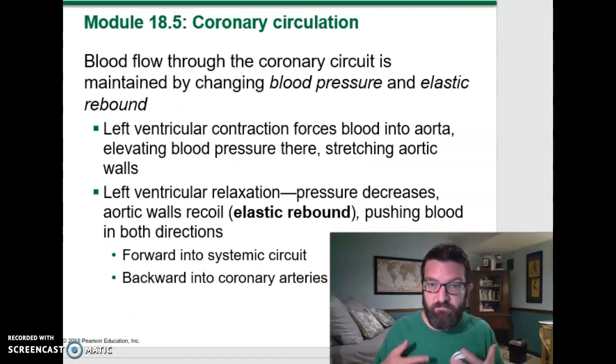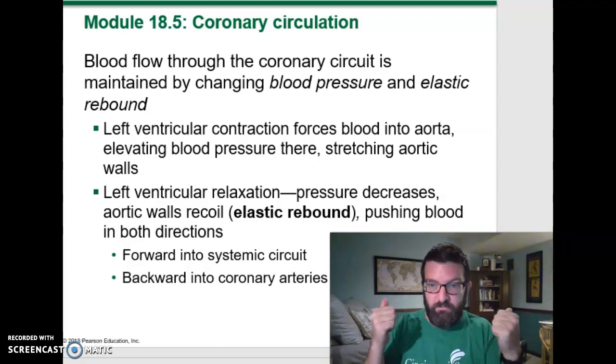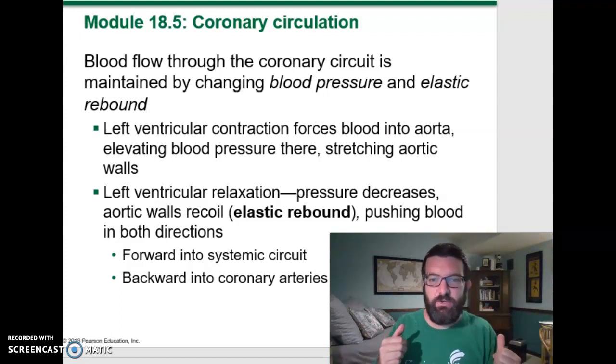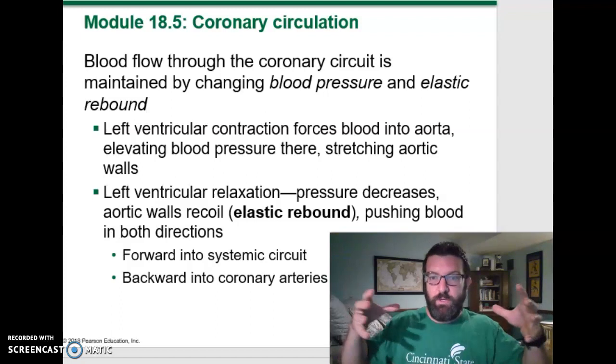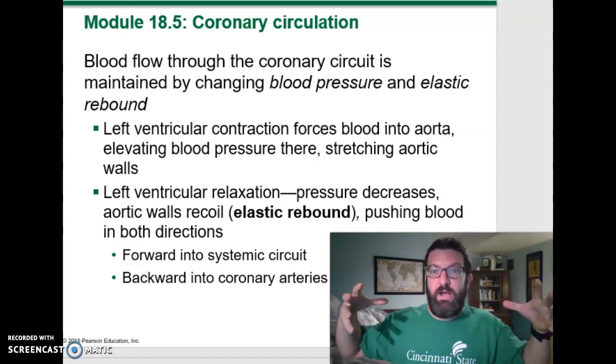Now, how does the blood have pressure to move through the coronary circuit? Well, first of all, there's a lot of blood pressure right there in the aorta. But most of what pushes it back down the aorta through that right and left coronary artery is elastic rebound. So the aorta is a giant artery that takes wild swings in pressure. So every time there's a contraction or systole of the ventricles, right, that increase in pressure pushes it out, right?